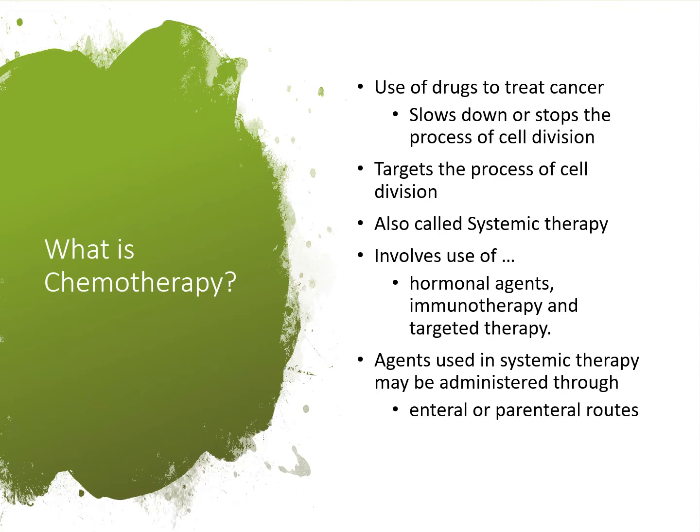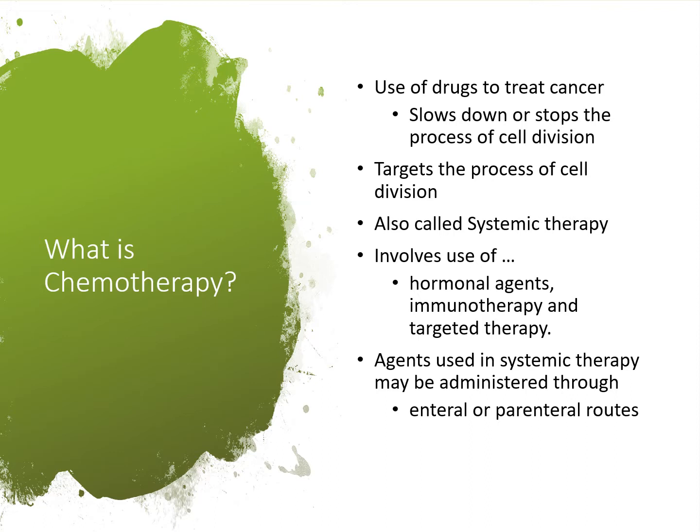So, this is just an abridged version of the full handouts, and I'll just give you a rundown of what each section of the handout is. The first section is regarding cancer chemotherapy. What actually is chemotherapy? It is essentially the use of drugs to treat cancer.